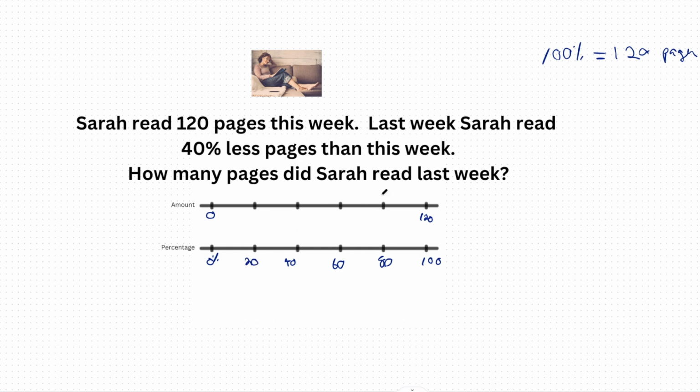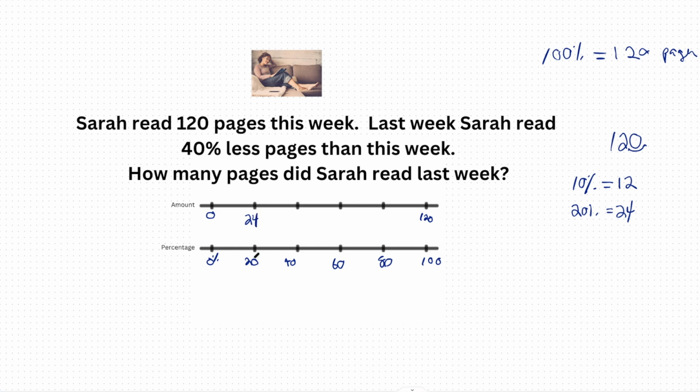Remember the 10% rule: you move the decimal over one spot. So I know that 10% is going to be 12, which means 20% is going to be double that, so that's going to be 24. I know that 20% is 24 pages.